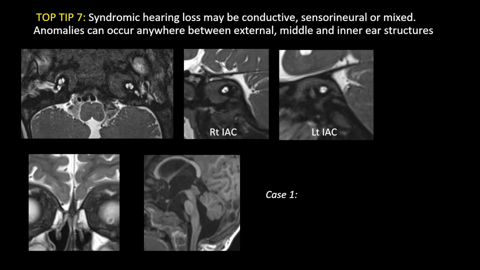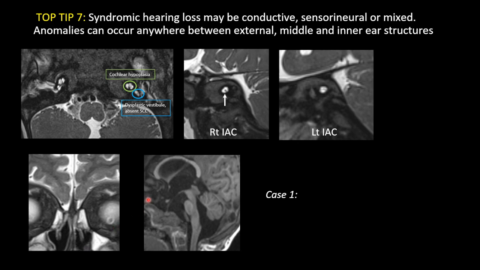We now move on to more complicated cases of syndromic hearing loss. So top tip number 7, syndromic hearing loss can be conductive, sensorineural, or mixed. And this is because anomalies can occur anywhere between the external, middle, and inner ear structures. So in this case, we'll start off with the inner ear. There is cochlear hypoplasia. The vestibule is dysplastic and the semicircular canals are absent.